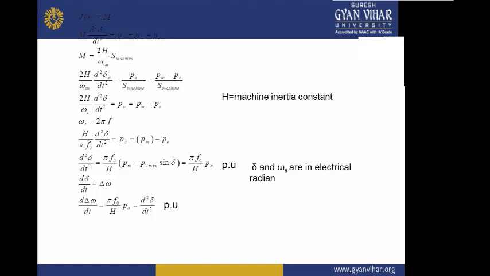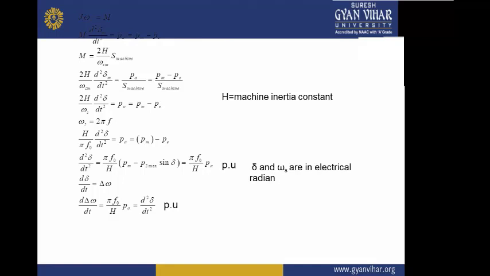Now I know that I can write this moment of inertia as 2H upon omega sm into the apparent power of the machine, that is the S machine, the rating of the machine.